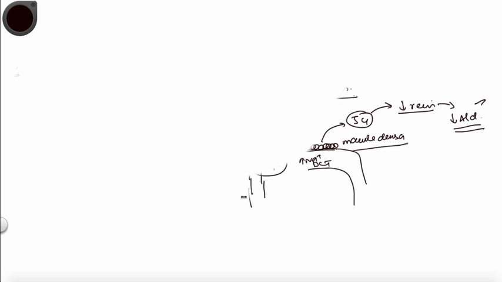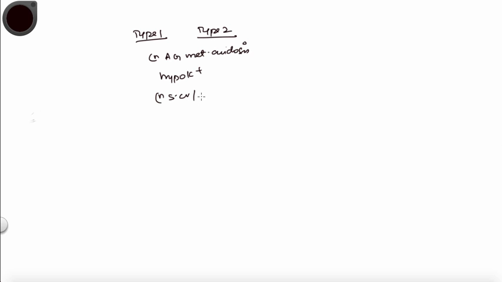So before signing off, the last thing is the common features between type 1 and type 2 RTA. You can see both these patients will have a normal anion gap metabolic acidosis, and both might have hypokalemia, and both might have normal serum creatinine and normal blood pressure.